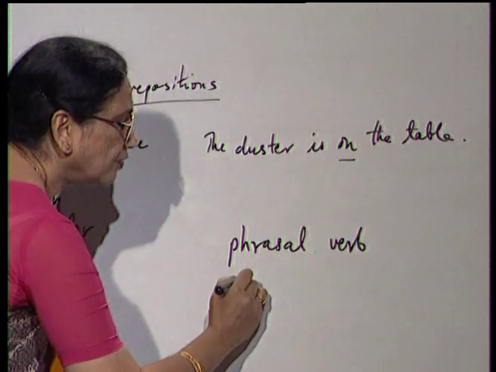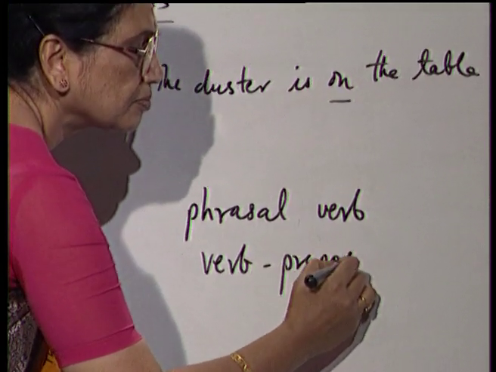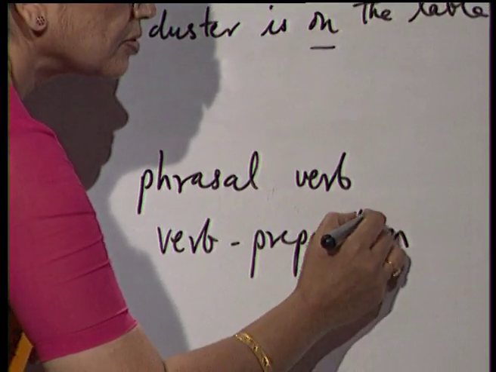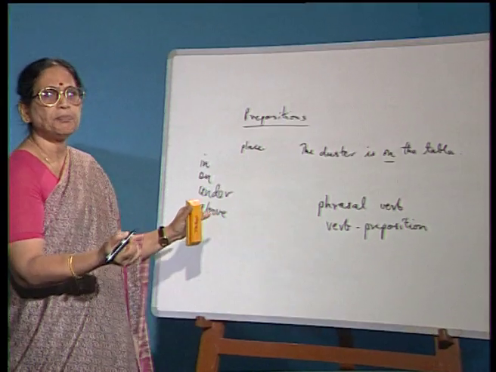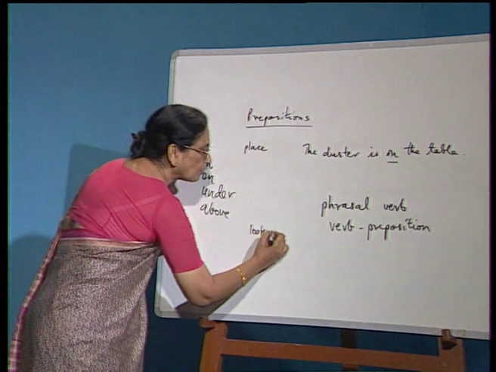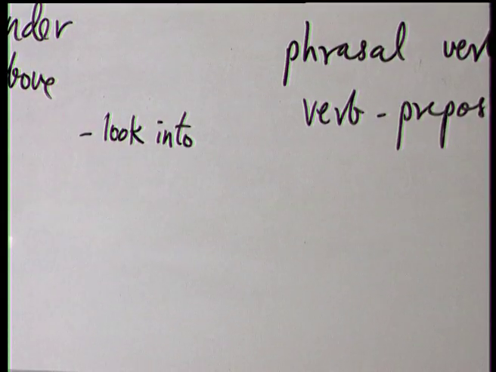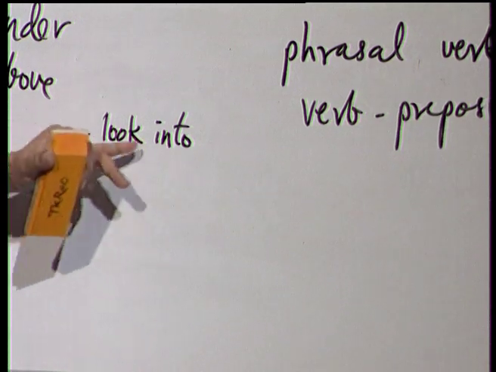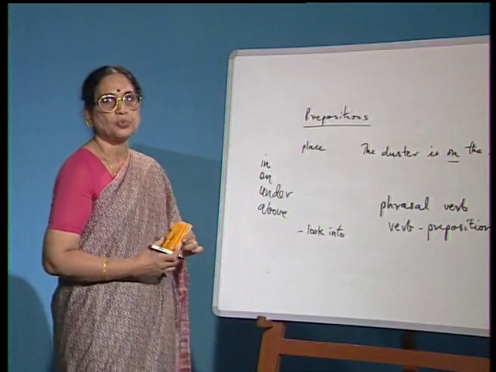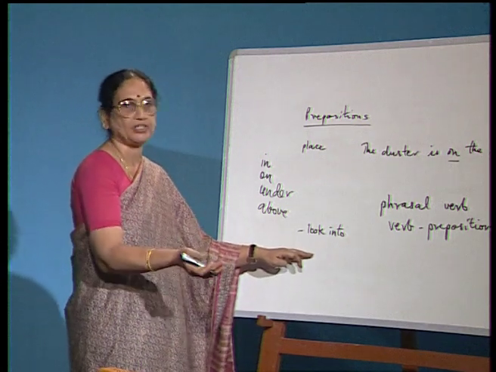Let us take some simple examples. We say, for example, look into. It is an idiomatic expression. When you say look into, it indicates that you will examine or look at, I will look into the matter.